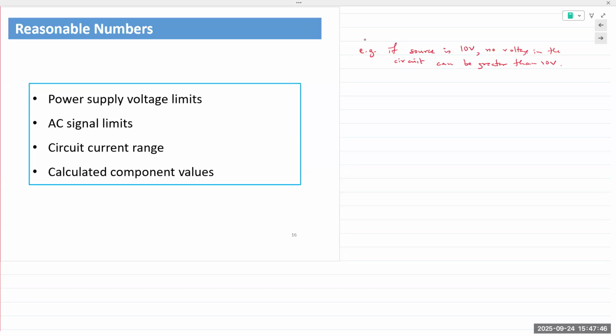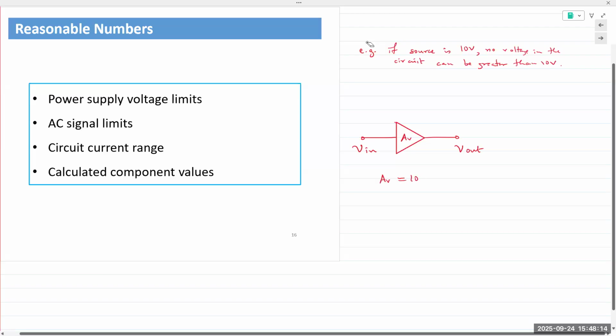So let's say we have an amplifier, any kind of amplifier, not just an op amp. And this is actually an important concept. So you have V in and we have V out. Let's say the gain AV is equal to 10. Sorry, dimensionless.